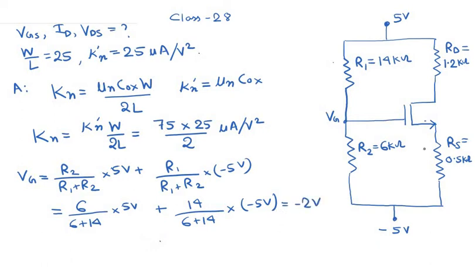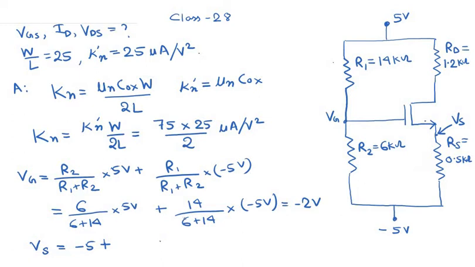Now what is the value of the voltage at the source? So let us call this voltage Vs, which is the voltage at the source. So the voltage at the source Vs is basically equal to minus 5 volts plus the voltage drop across this resistor Rs.